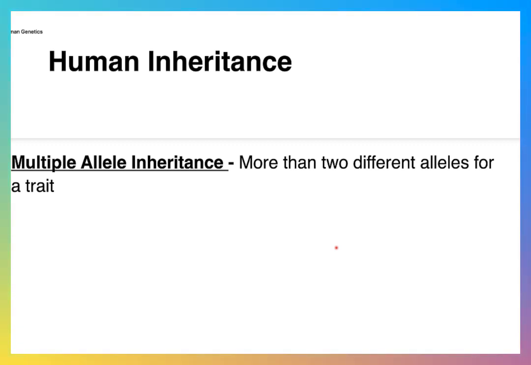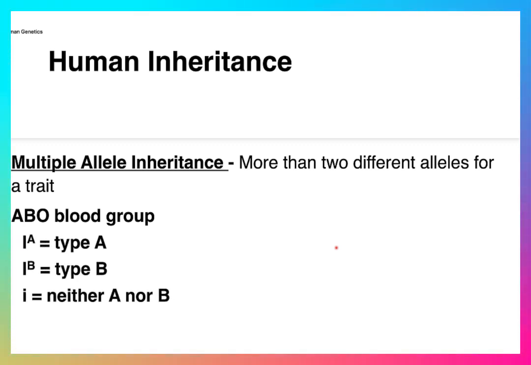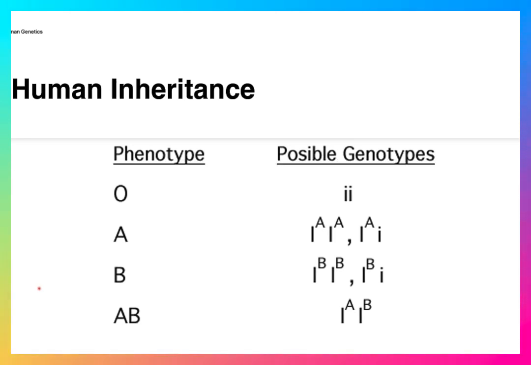The common example in humans is the ABO blood type, where there's three different possibilities. There's the A possibility, the B possibility, or the neither possibility. And these people have four phenotypes that can be expressed.